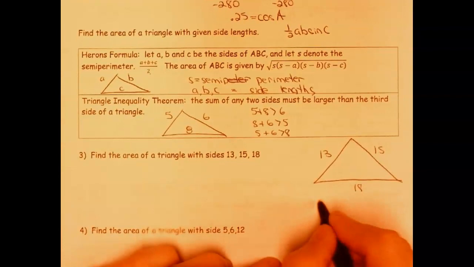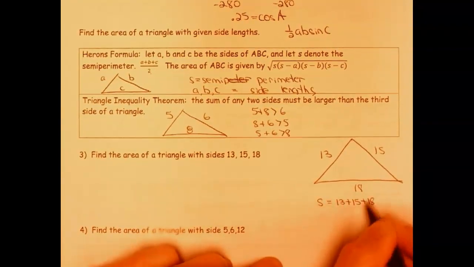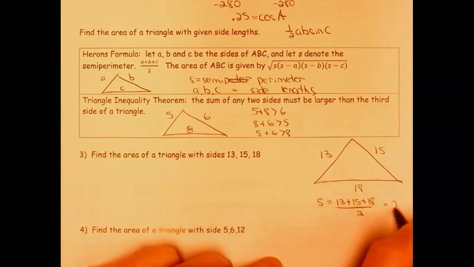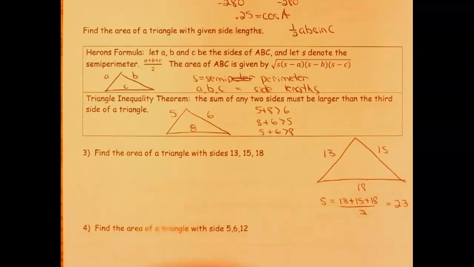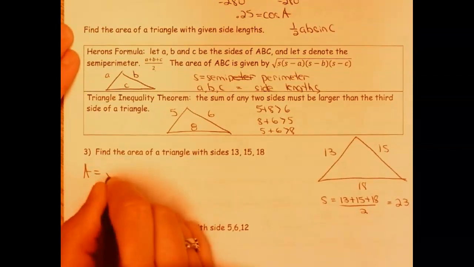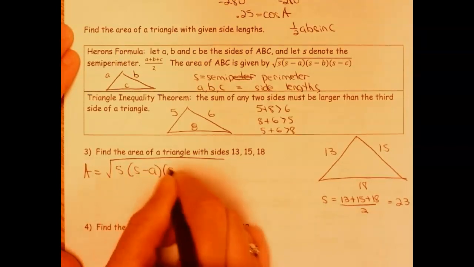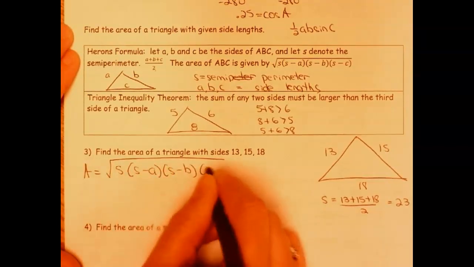Let's go find the semi-perimeter first. So we're adding up all the sides, and we are dividing by 2. I end up with a semi-perimeter of 23. So plugging in, we've got S, and then we're going to take that semi-perimeter and subtract each one of the sides.